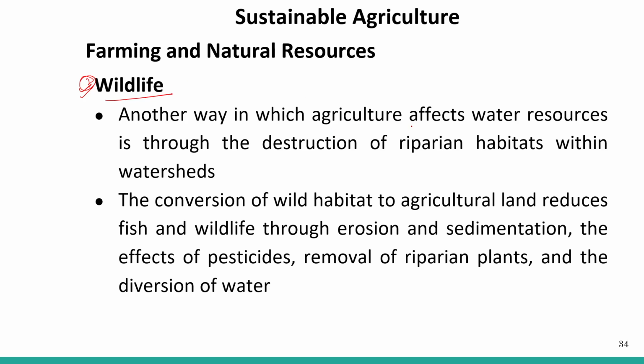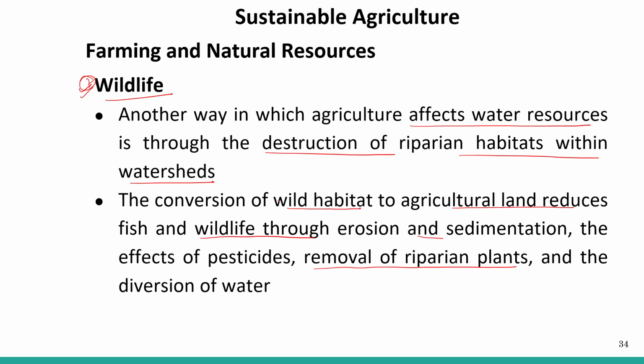Another way in which agriculture affects water resources is through the destruction of riparian habitats within watersheds. The conversion of wild habitat to agriculture land reduces fish and wildlife through erosion and sedimentation, the effects of pesticides, removal of riparian plants, and the diversion of water.